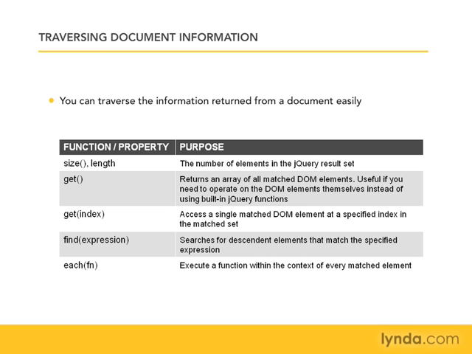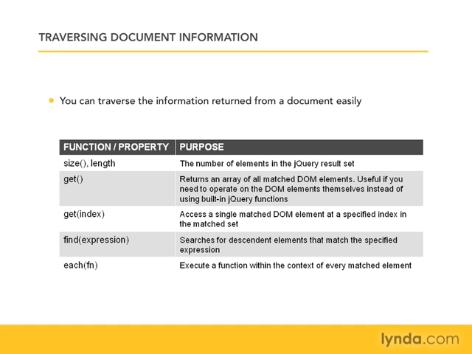The next two functions, get and get at index, return the matched elements as DOM elements. Now remember, in jQuery, the result set that comes back from a jQuery selection is not an array of DOM elements. Those DOM elements have been wrapped inside jQuery objects, which have a lot of functionality built on top of them.